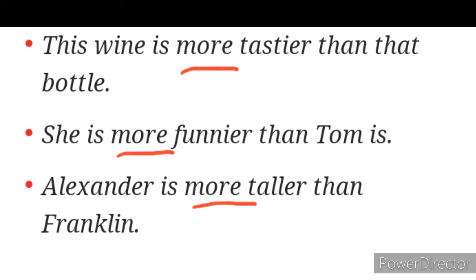Alexander is more taller than Franklin. Now in this case, more is not required as the comparative adjective form has been modified, that means changed, by adding IER to the adjective word, like tastier, funnier, taller are already in comparative form. So we should not use double comparatives.